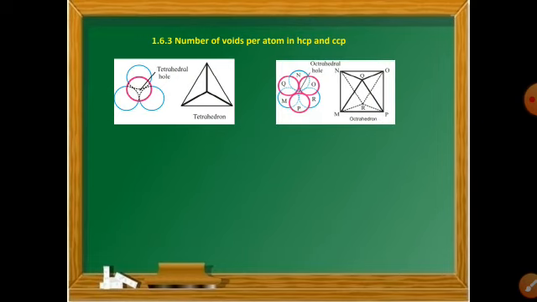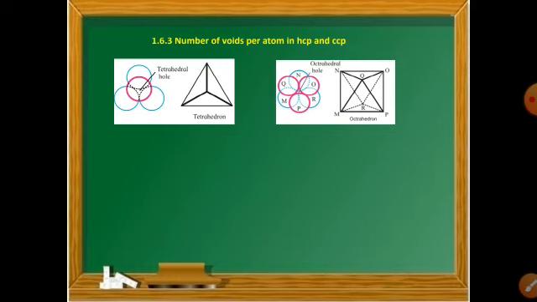In the same way, if we take three spheres, I have already explained this in a previous slide. Suppose three spheres are present in a first layer, and the same three spheres you keep in a second layer, but in a different position. Then there is an empty space in the form of a triangle in the first layer as well as in the second layer.